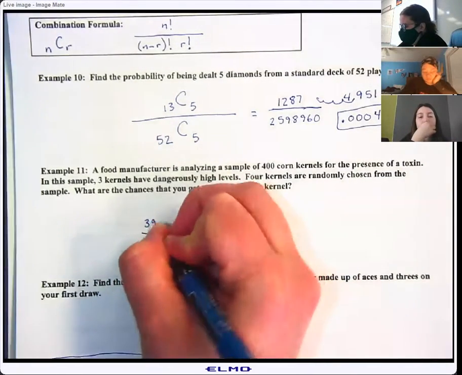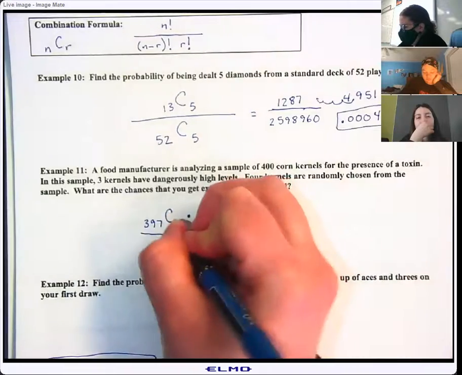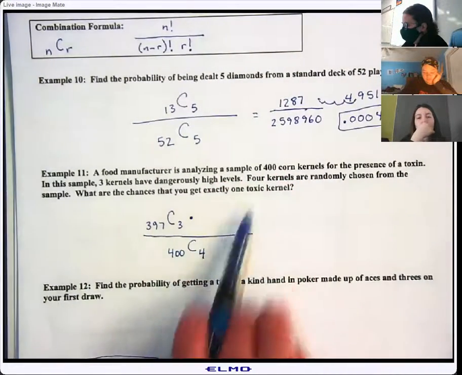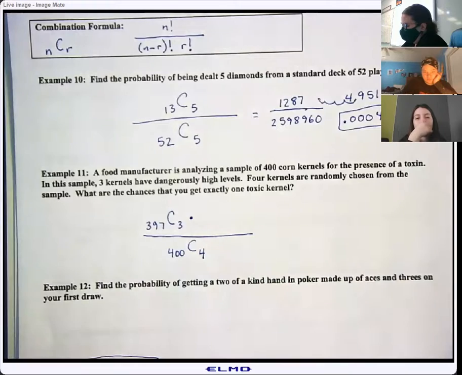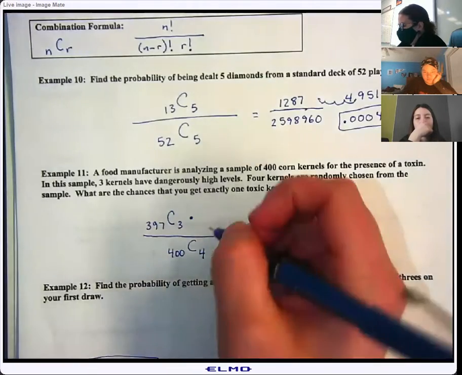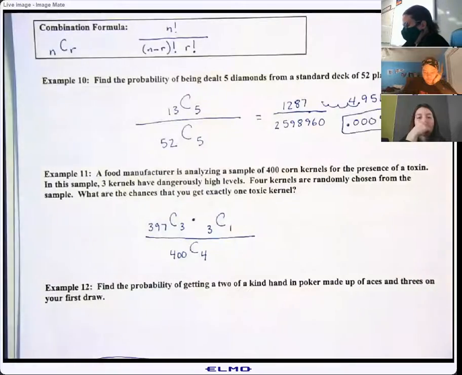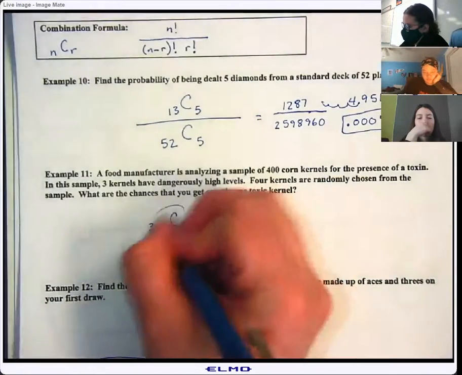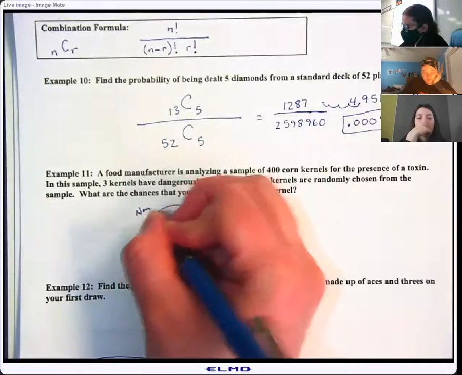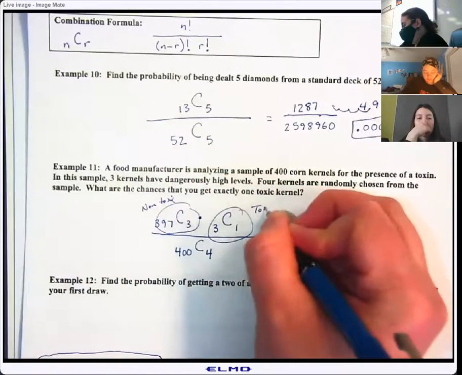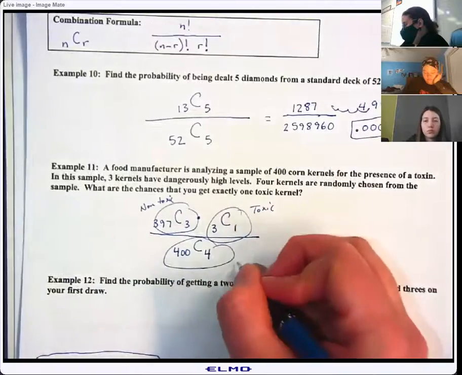Out of that 397, I want 3 of those because I only want 1 toxic kernel and I'm picking 4 things. And then out of the 3 toxic kernels, I want 1 of those. So this is the non-toxic stuff, this is the toxic stuff, and this is the total.